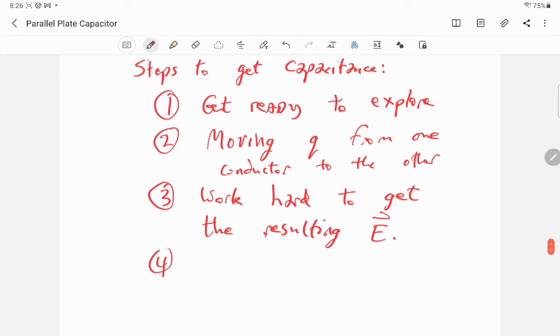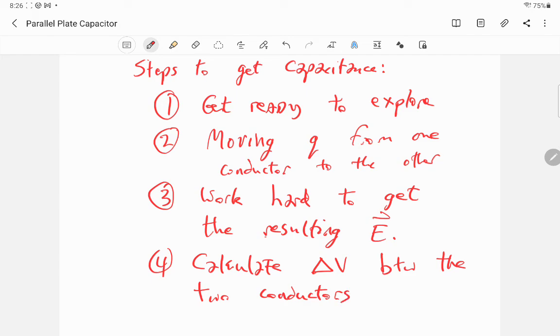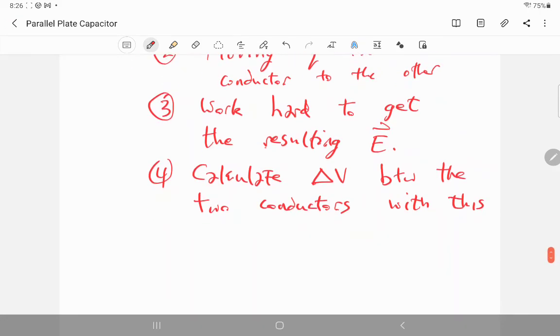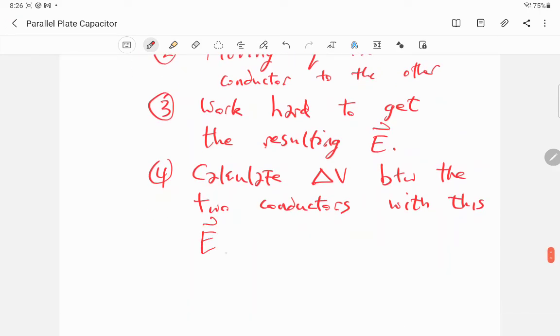And then number 4 is, once you have the electric field, calculate the potential difference between the two conductors, right, with this electric field.